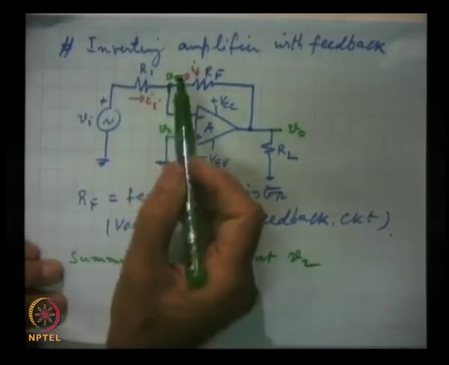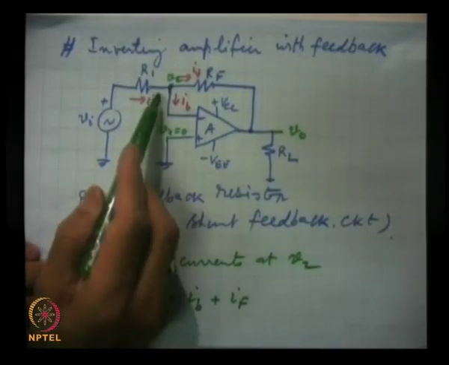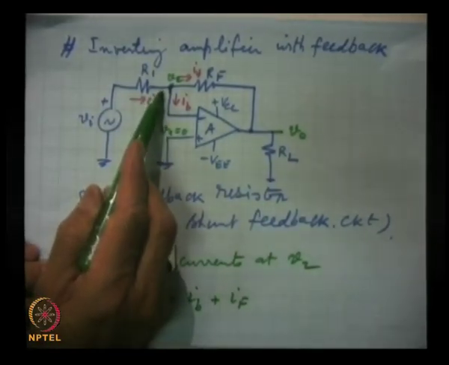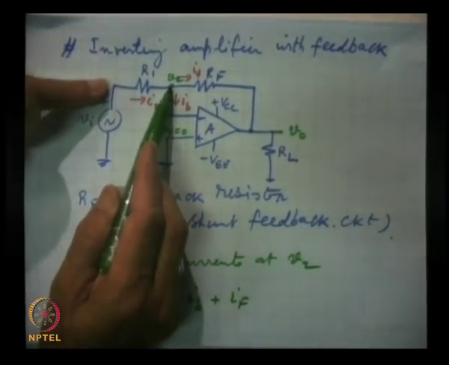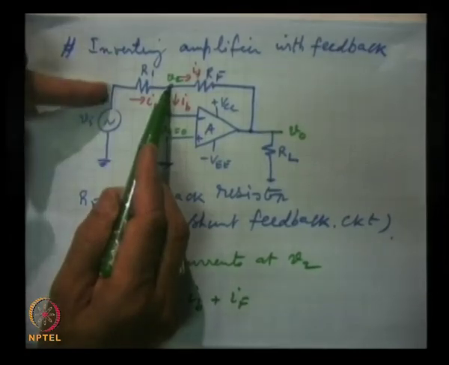And from a simpler consideration also the value comes out to be R1. The simpler consideration is that this point is at ground potential, V2 is virtual ground. So, what is the impedance which you expect between these 2 points, the virtual ground and this point? R1.